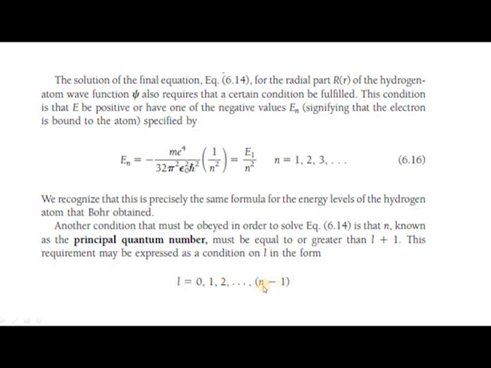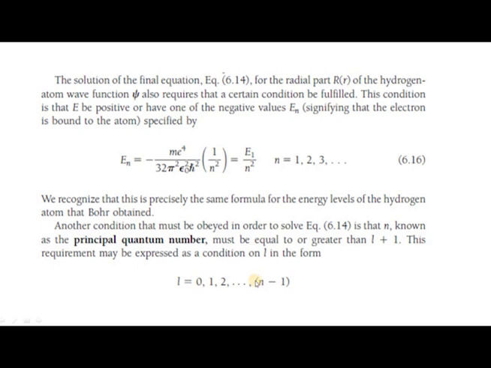So we have obtained a certain condition, and since n is in the denominator, it cannot take the value 0 and starts from 1, 2, 3, and goes on like that. The value of n should be equal to or greater than L plus 1, or the value of L is such that it can take values from 0 to n minus 1.